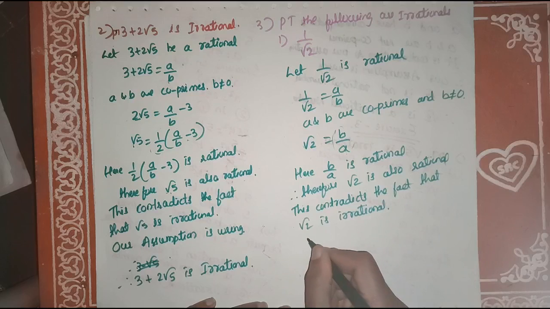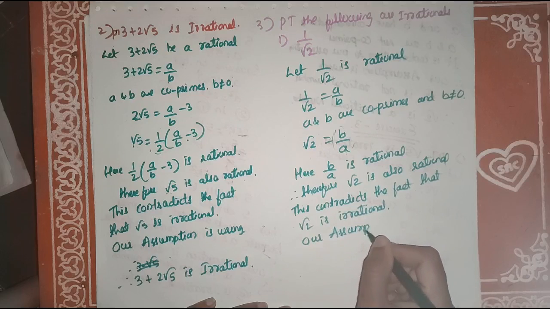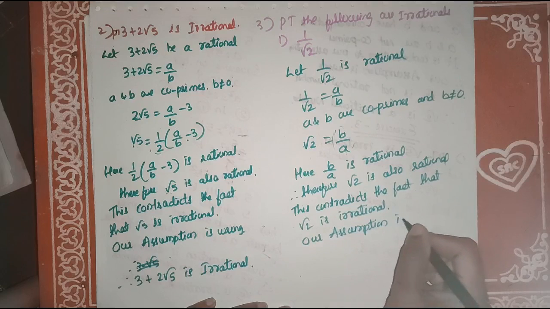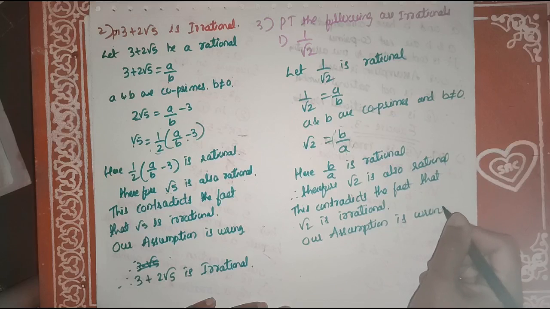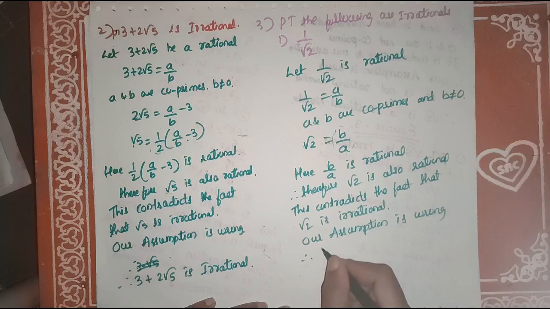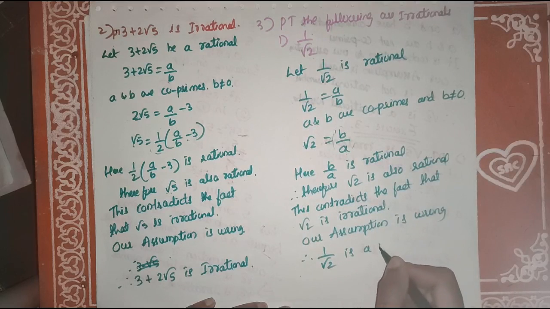Therefore our assumption is wrong. So 1 by root 2 is irrational.